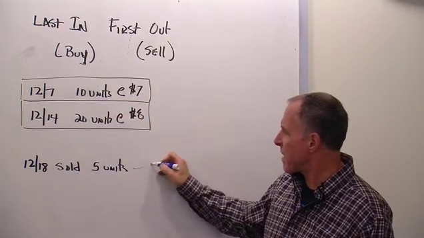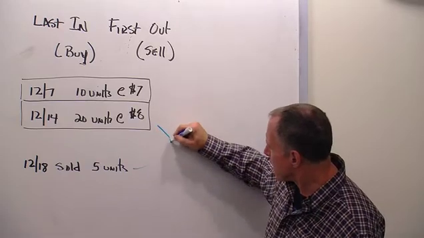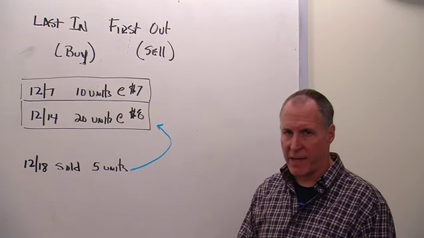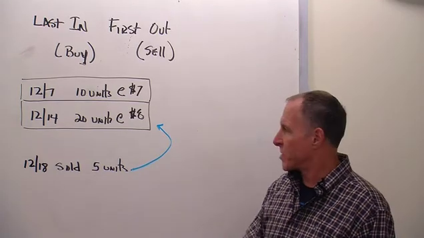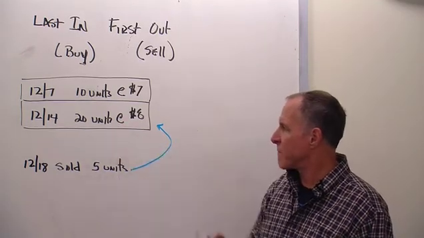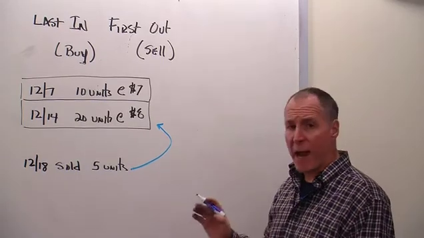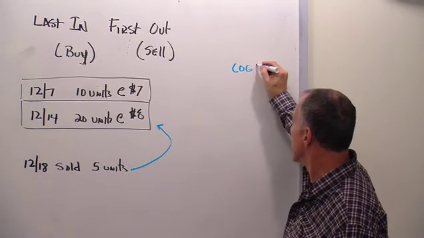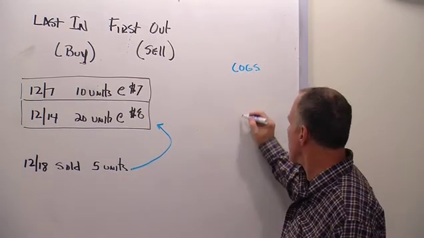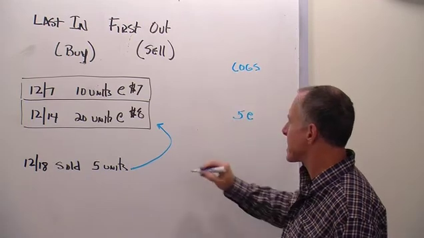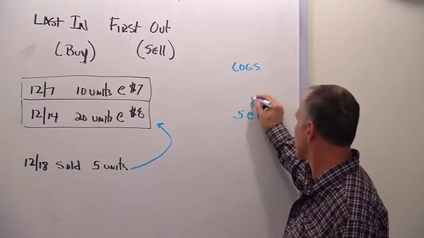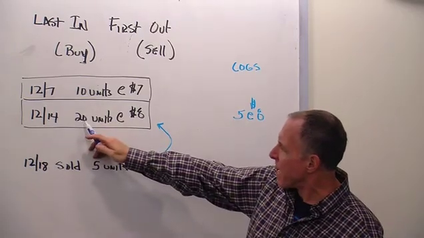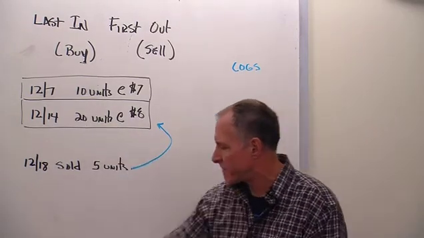These 5 units are going to come from that layer right there. That's the last layer that came in. And so that means these 5 units come from there. So when I price my cost of goods sold, these 5 units are going to be priced out at $8 apiece. So if I sold 5 units, those 5 units come from those 20 right there.